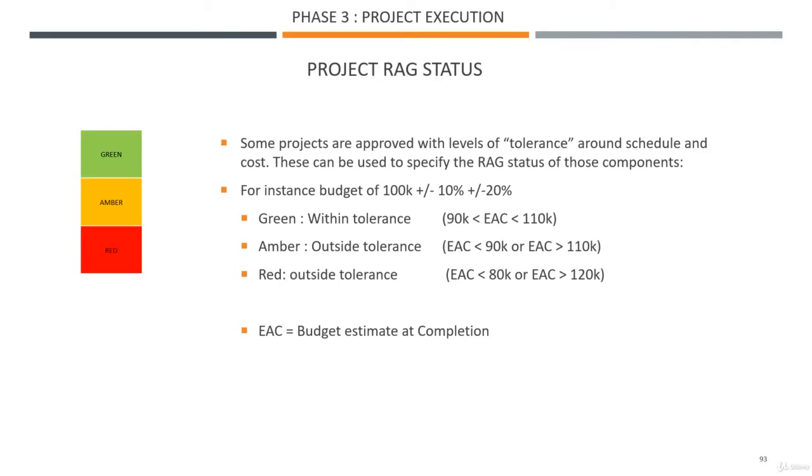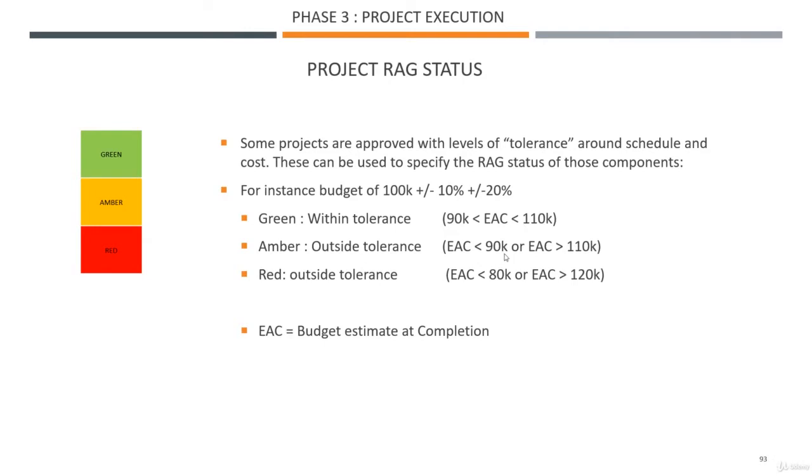you have a budget of $100,000. If you realize halfway through your project that the cost to complete, which is a budget estimate at completion, EAC, is between 90,000 and 110,000, you are good. It is green.